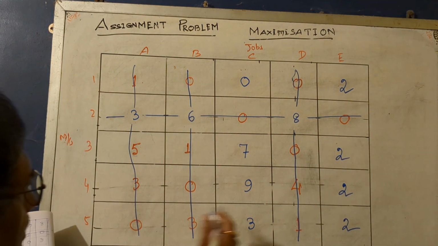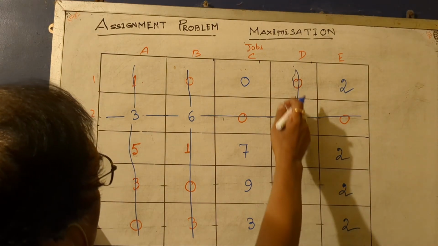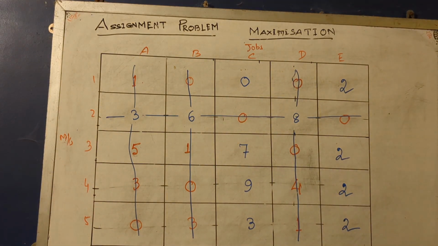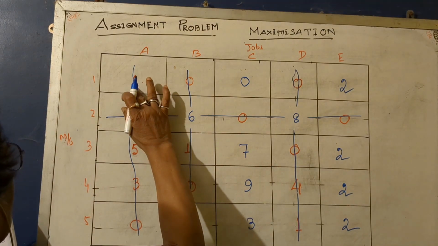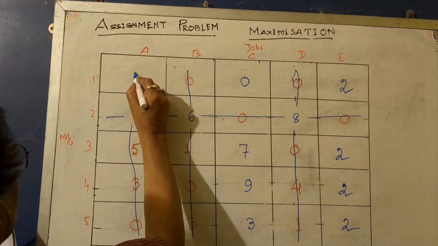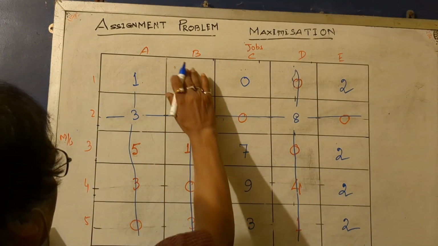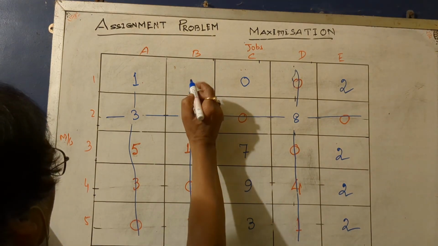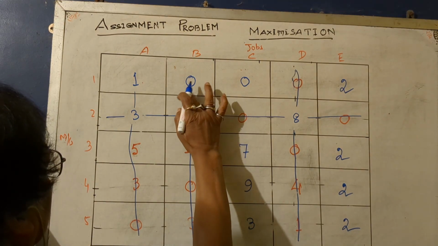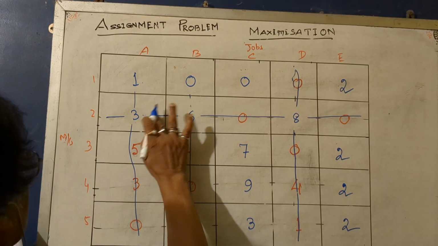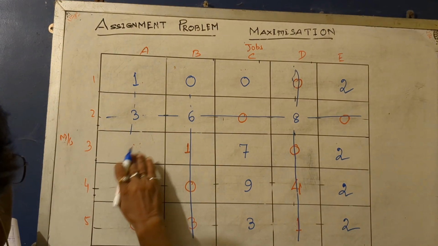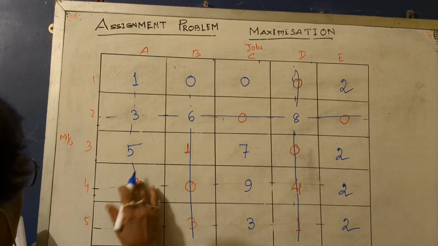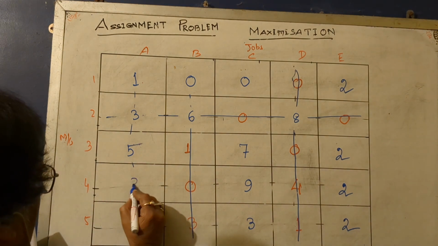And all these elements will remain the same. Now as we are using the same table, that's why I am keeping this. This will be 1. It will not be changed. It changes because it is on the lines. So 3 and this will be 5, 5 and this will be 3, 3.